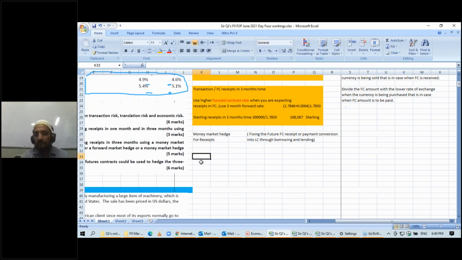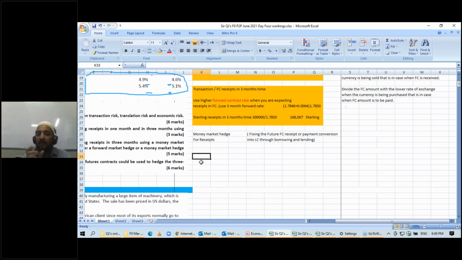See, remember, this is a tip for using the money market hedge. When you are expecting to receive foreign currency in the future, like in 1 month's time or 3 months' time, over here they want you to hedge the 3 months receipts using the money market.